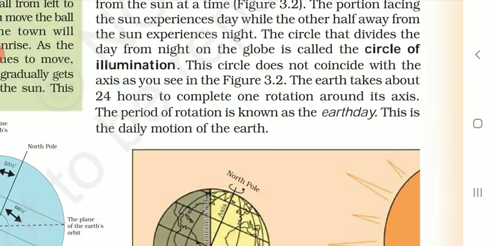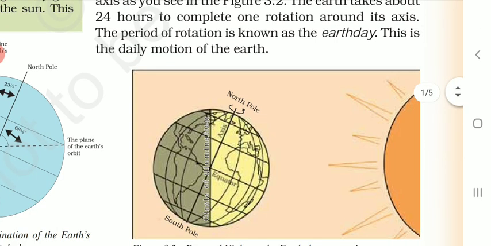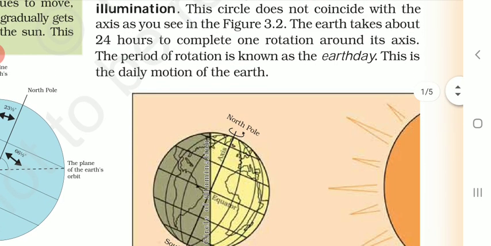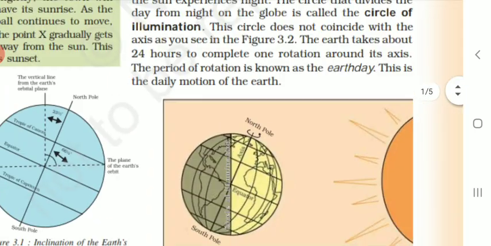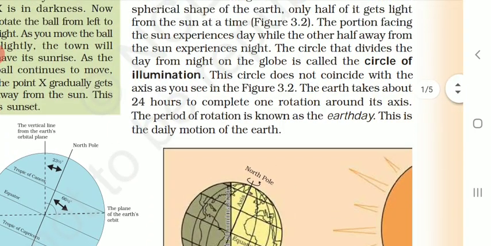They are not together, they are away from each other, they are not matching, they are separated. So the circle does not coincide with the axis, as you can see in figure 3.2.